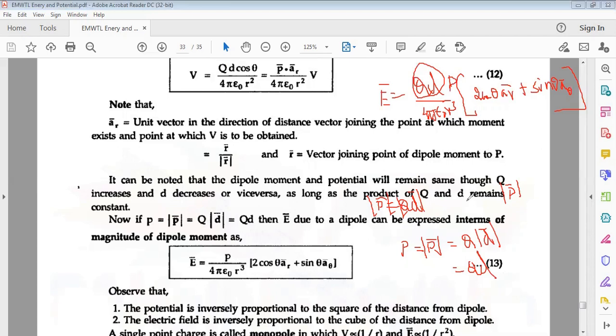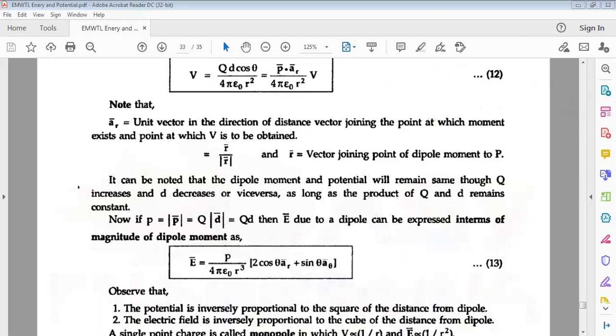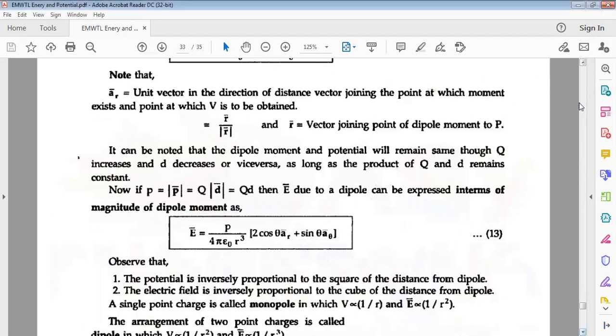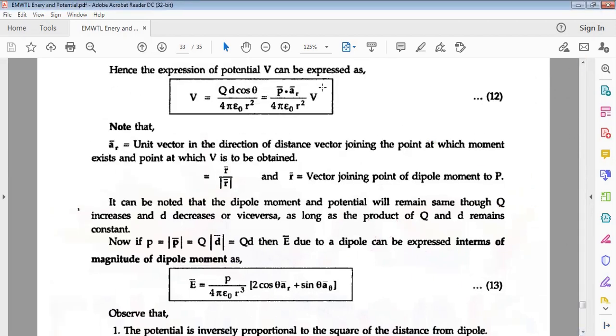So the electric field intensity due to the dipole can be expressed in terms of the magnitude of the dipole moment. Okay, QD cos theta is P bar dot A R bar.